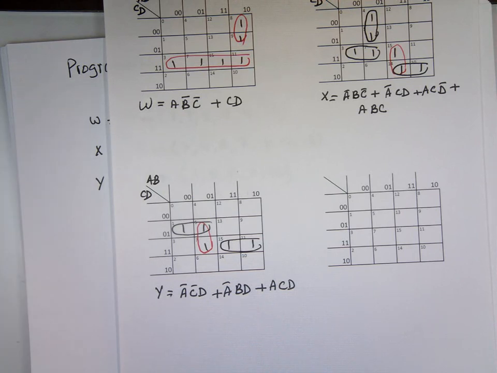Let me take one of my smaller PAL here. Here's a smaller PAL. This particular one has 4 inputs and 3 outputs.